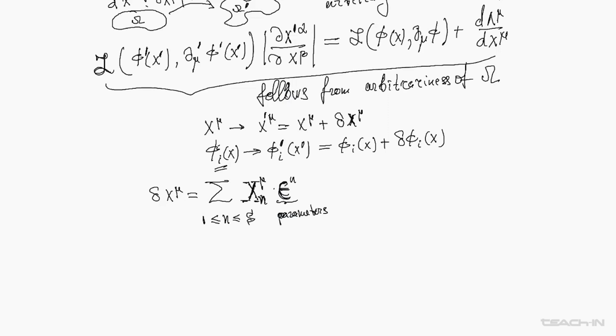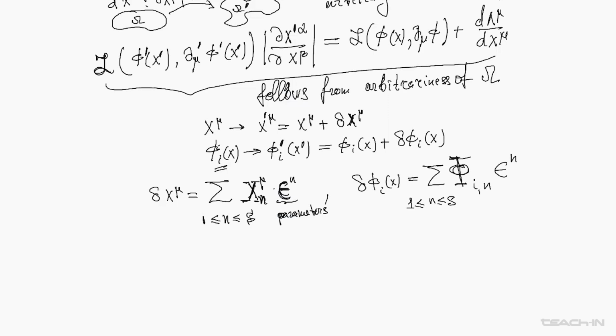Also for the fields, we can write that delta phi I on x is given by the response of these fields, phi I capital, depending on I and index n, so phi I comma n multiplied by epsilon n, with n running from 1 to s. Okay. So this X capital and phi capital are responses.